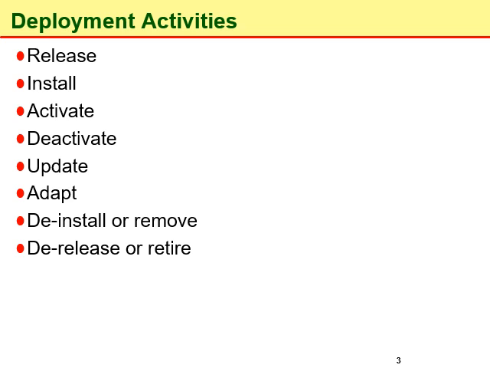The next one is update. Once the system has been installed and activated on the target hosts, over time it may need to be updated for different reasons. Then adapt. Adaptation can result in redeployment of the system, that is repositioning of its software components across execution process and hardware hosts.